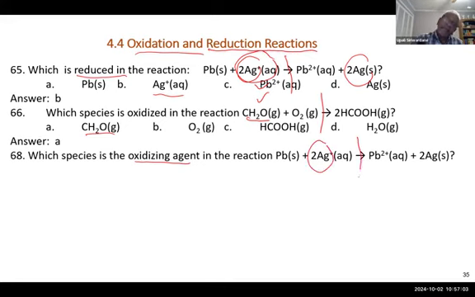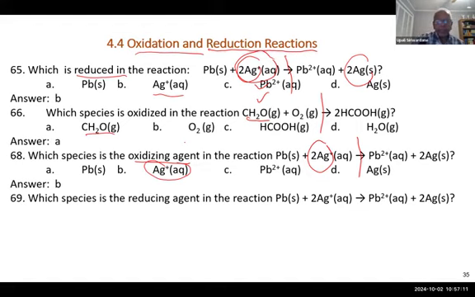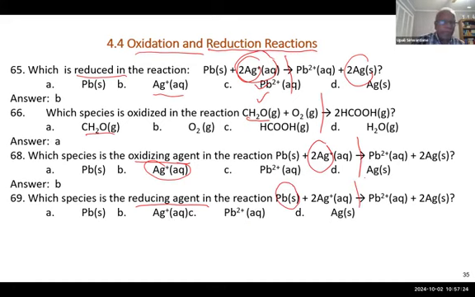That's the one that got reduced. Therefore, the answer is B. Reducing agent in the reaction. Lead got oxidized. Therefore, it is the reducing agent. A is the correct answer.